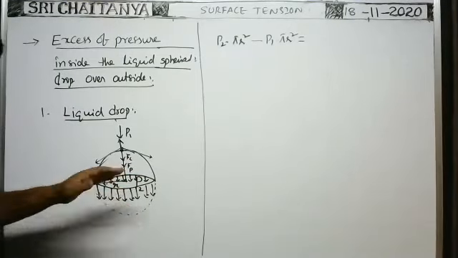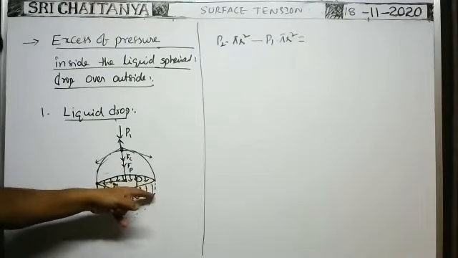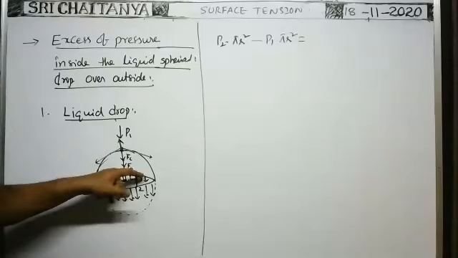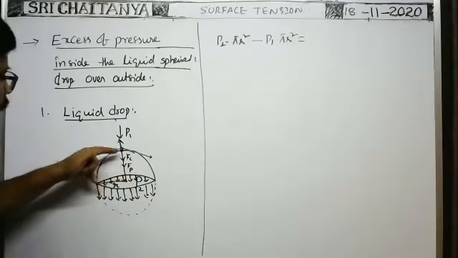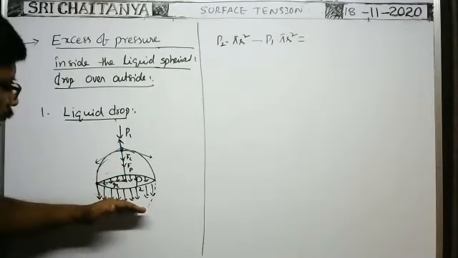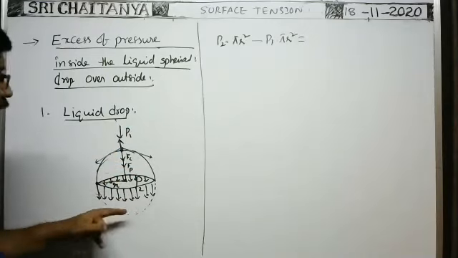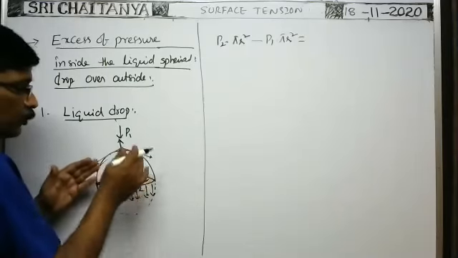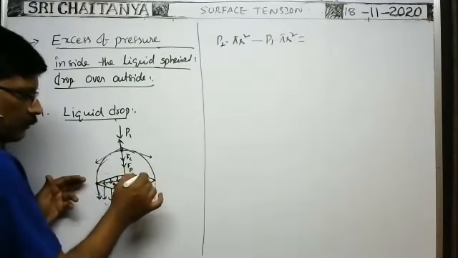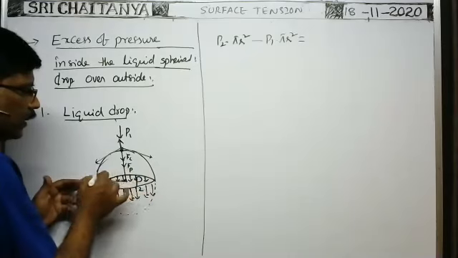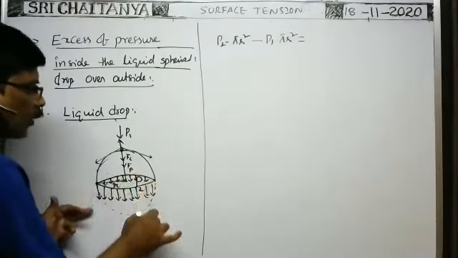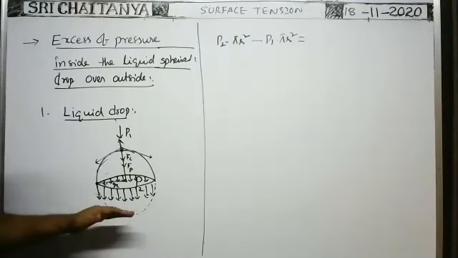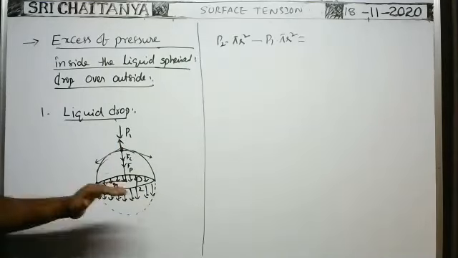It is very important: due to the lower hemispherical drop, the force on the upper hemispherical drop is in the downward direction, and that force is always due to surface tension. That is, the force is always along the tangential direction, in this downward direction, because the lower hemispherical drop is here.